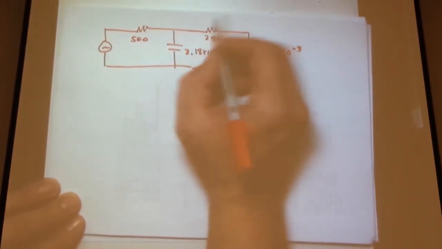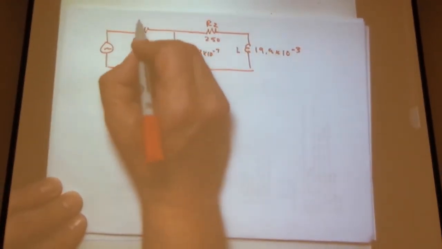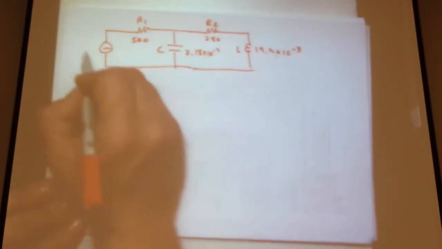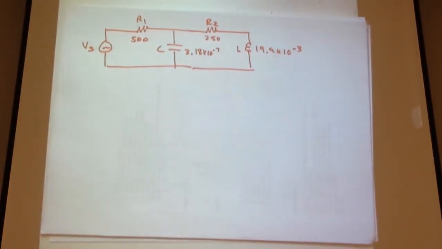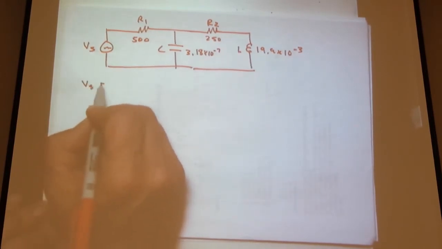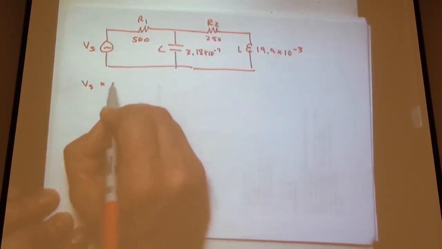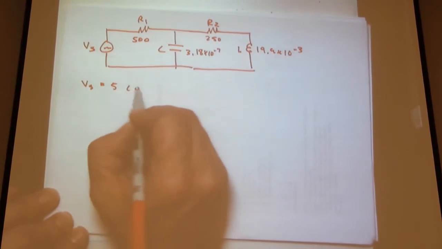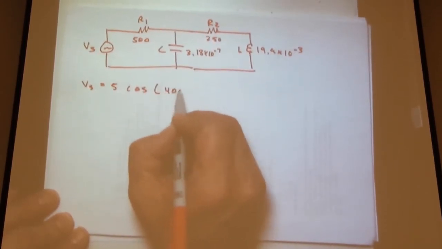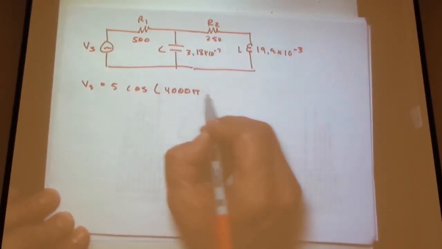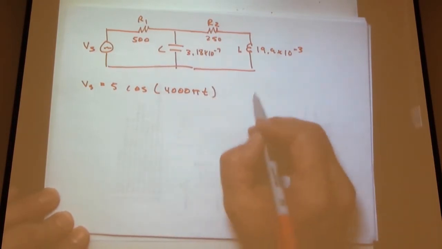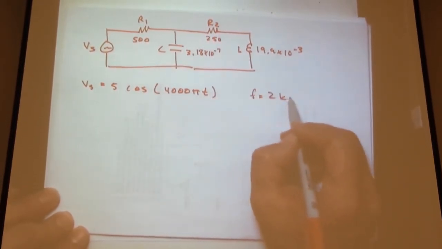That's L, R2, R1, C, and V source. And for this given circuit, V source equals 5 cosine 4,000 pi t, and f equals 2 kilohertz.